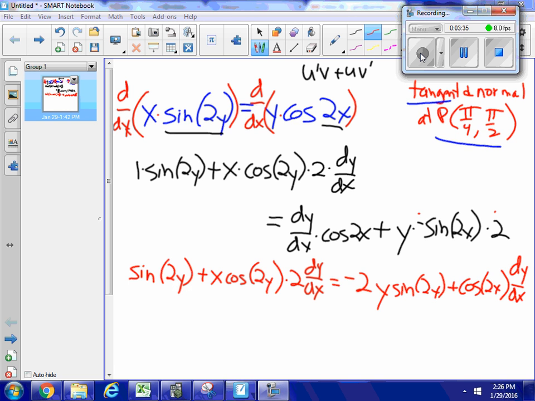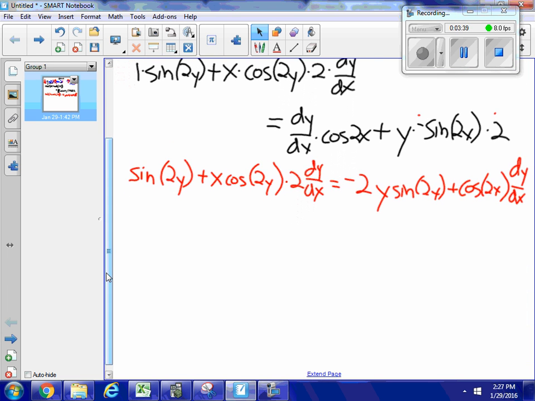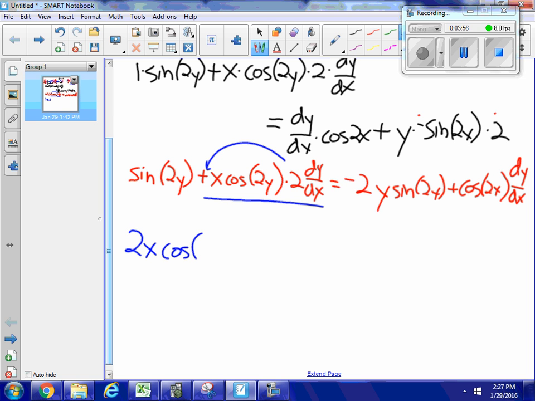So now let's get everything with the derivative, the dy dx, on one side of the equation. I'm going to start with this right here, and I'm going to move this 2 just to the front, just to make it look a little bit easier. So I have 2x cosine 2y dy dx. And then I'm going to subtract this from both sides.